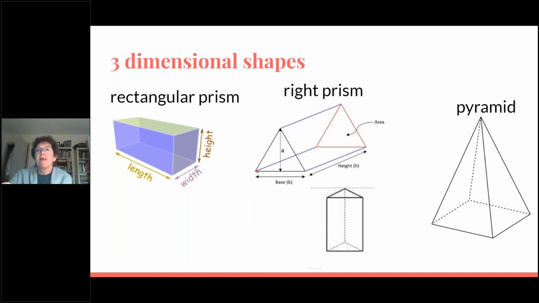Okay. You're just looking at a triangle. This line is the base. See how it says lowercase b here? It's talking, if you're just looking at this two-dimensional triangle, this is the base.